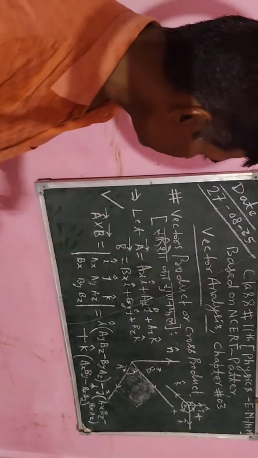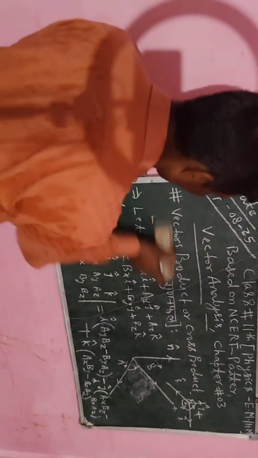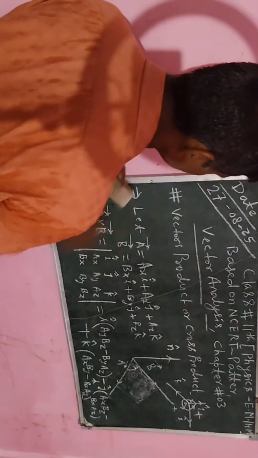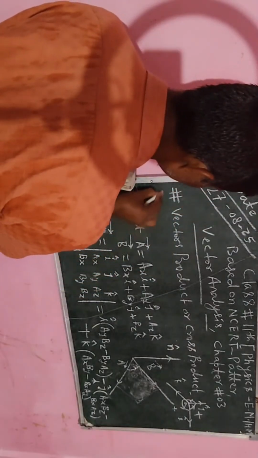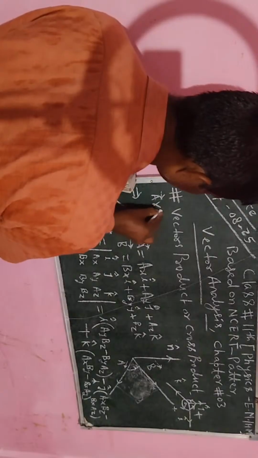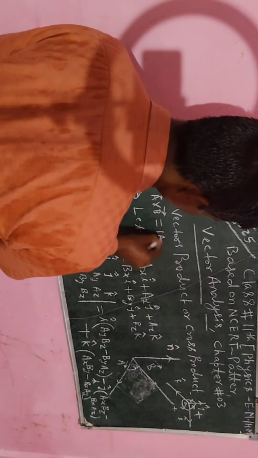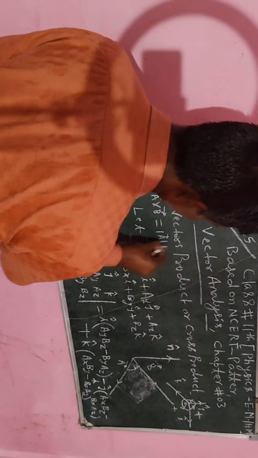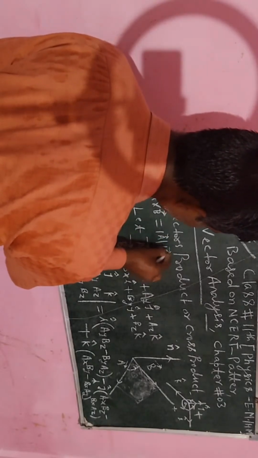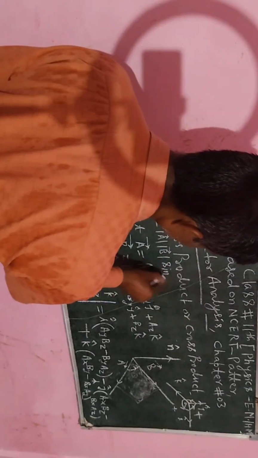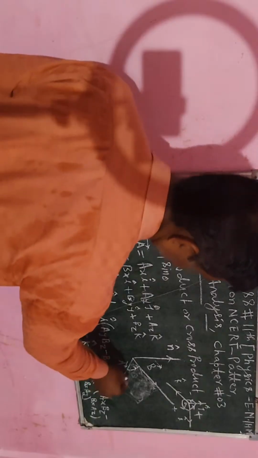Now here I will write the formula of the vector product. It means that I will write here a cross b. The vector a cross b will be the magnitude of vector a into the magnitude of vector b into sin theta, because the angle between these two vectors is theta.